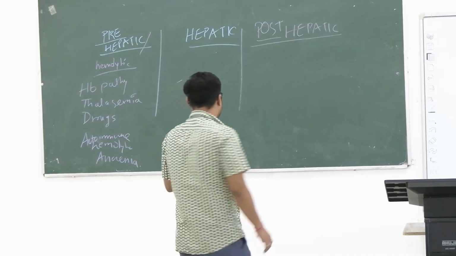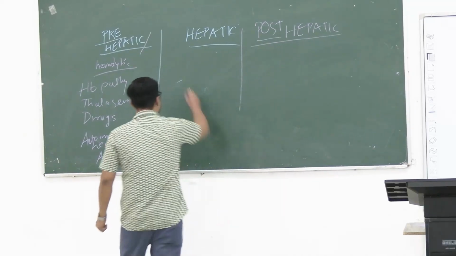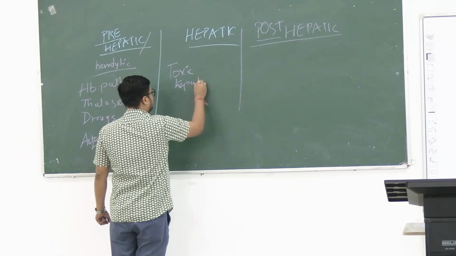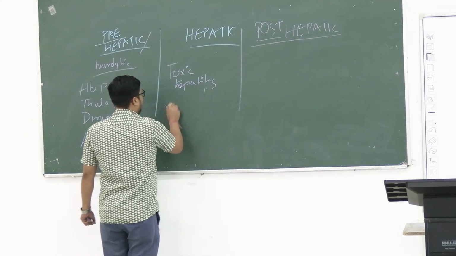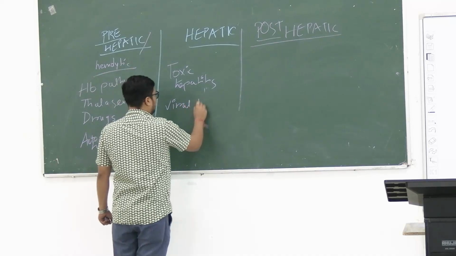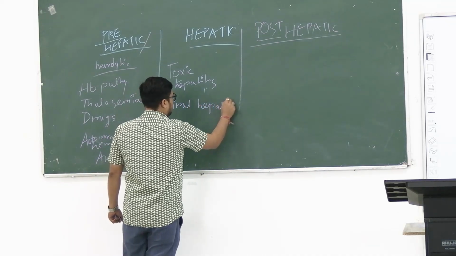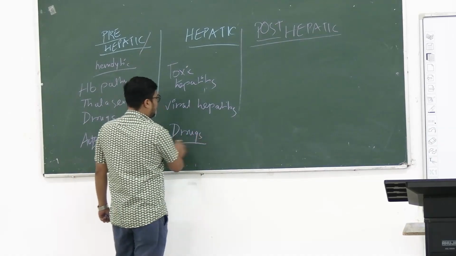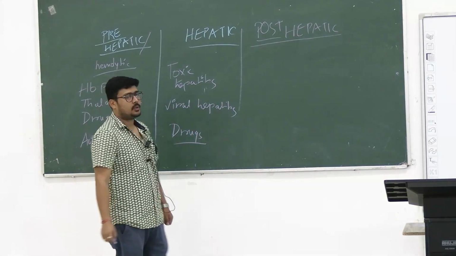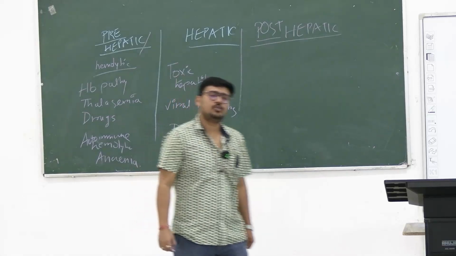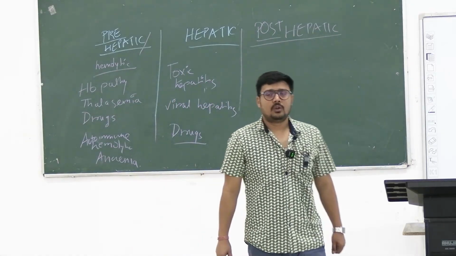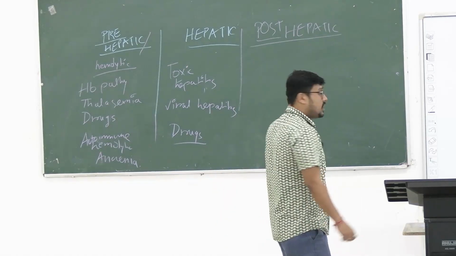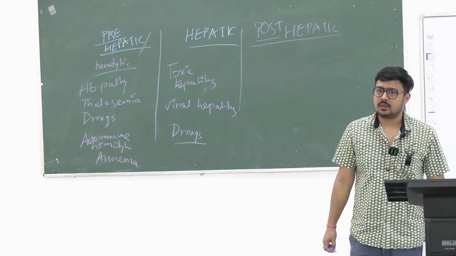So the common causes are hepatitis, viral hepatitis, and also drugs. Those interfere with cytochrome P450 metabolism. They compete for the same molecule for conjugation and metabolism. So conjugation will be difficult to carry out. So these are the hepatic causes of jaundice. Okay.